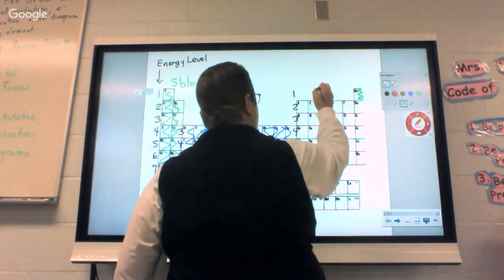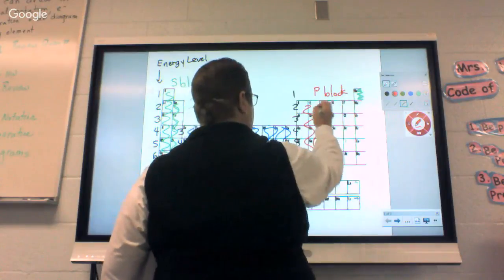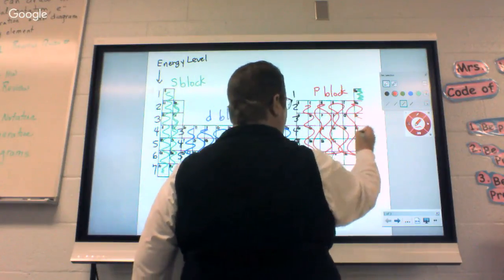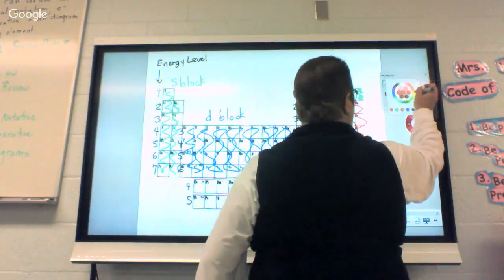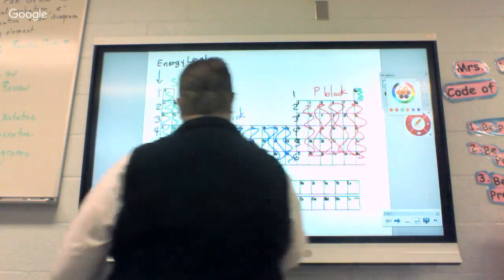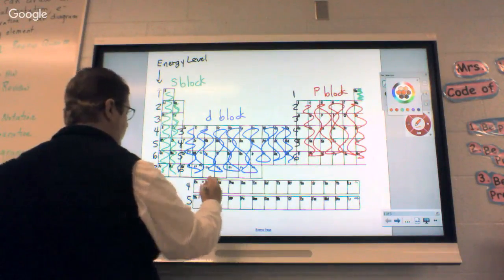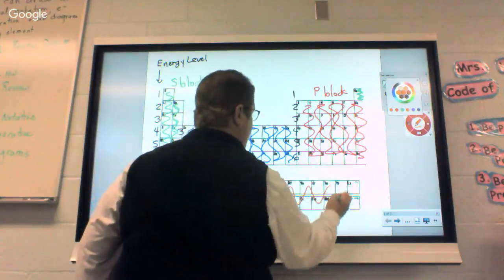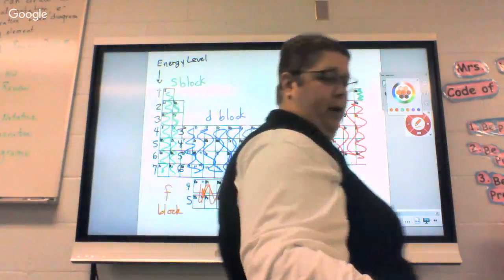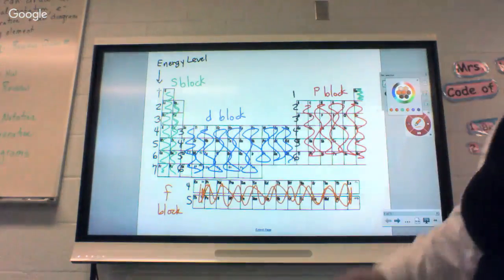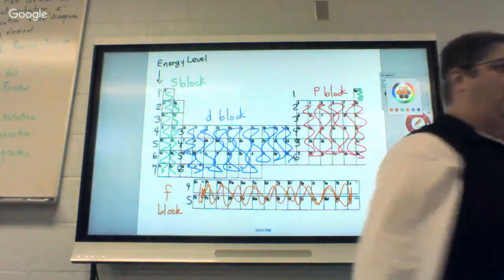The P block, that's the P block. And then the F block is down here. So just pick 4 colors and make sure they match in terms of coloring. The only thing that causes issues is making sure helium is colored the S block. That's the only one.